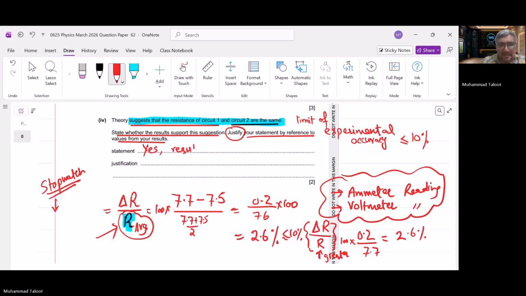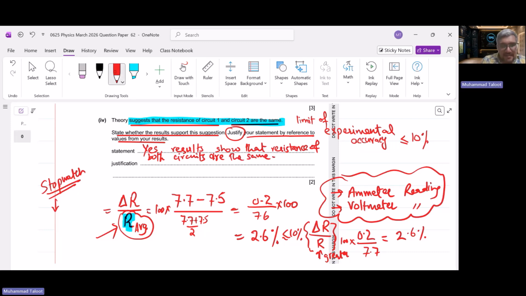So yes, results of resistance show that resistance of both circuits are the same. Resistance of both circuits are the same.